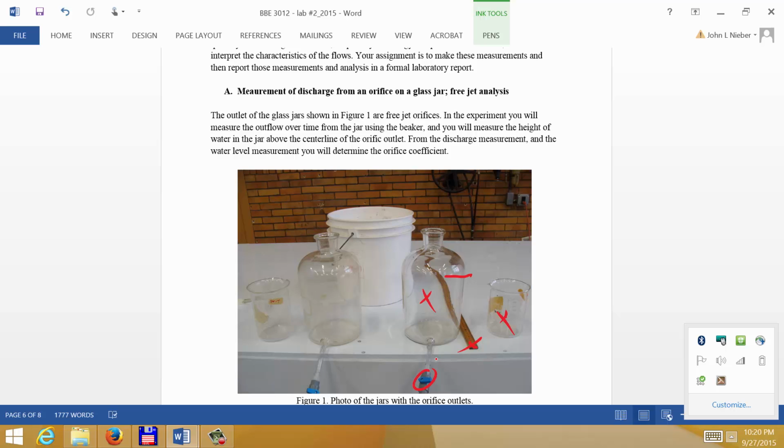And of course, as it drops, the discharge will be decreasing because the head within the reservoir will be decreasing. You'll continue to make measurements until the water level in the reservoir reaches about 10% of its volume.